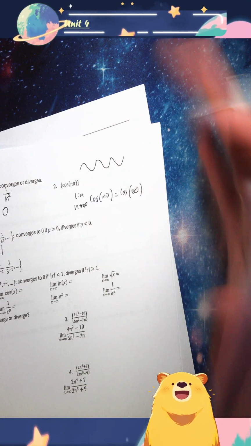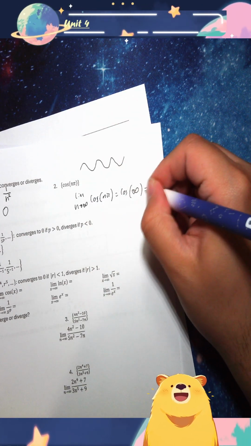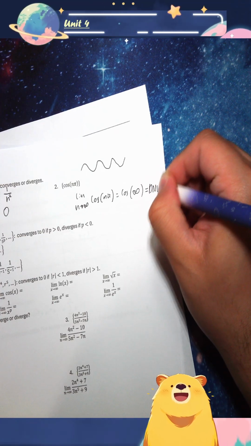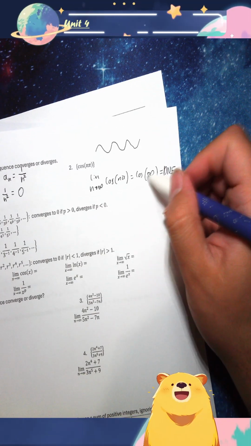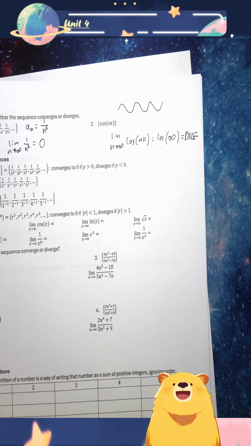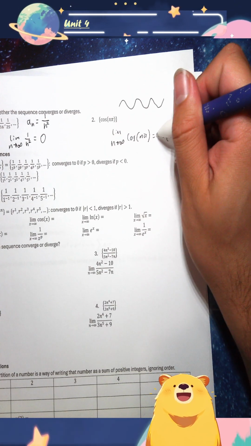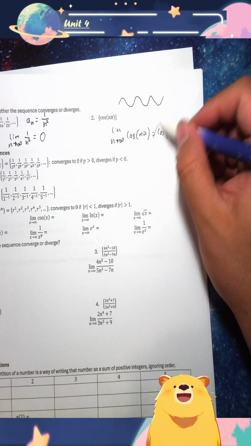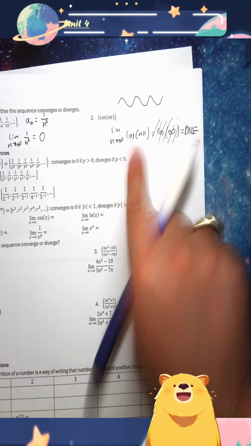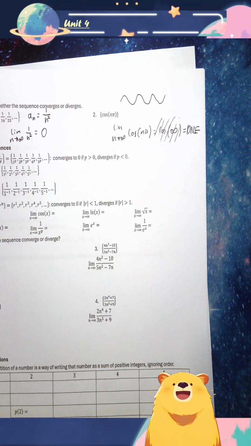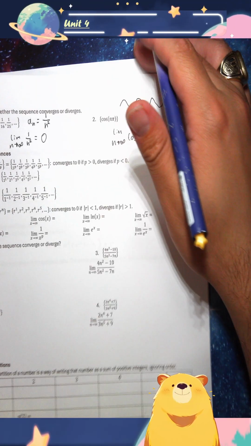And cosine of an ever increasing term, that limit does not exist. So this is obviously the informal notation, just as we're working along. But you could even politely skip this and jump straight to here because we know this is going to go up and down, not without a bound.